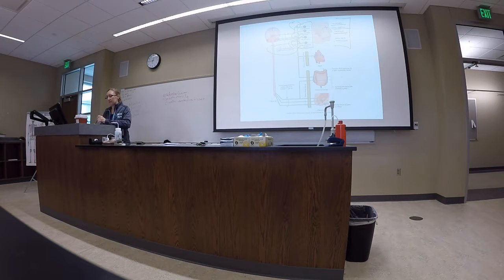So it's going to send branches down to the cardiac plexus, innervate the heart, as well as continuing onward down to the prevertebral plexus and innervate parts of the bowel. And then we have our sacral parasympathetic nerves, and these are the pelvic splanchnic nerves, and they innervate the pelvic viscera and genitalia.